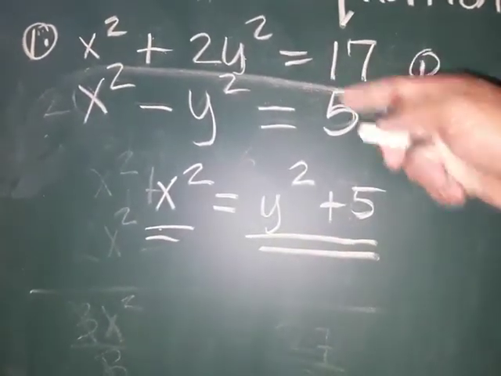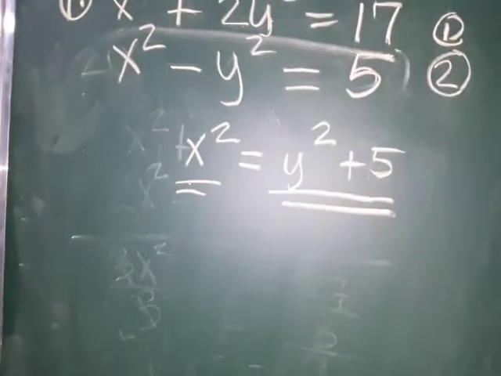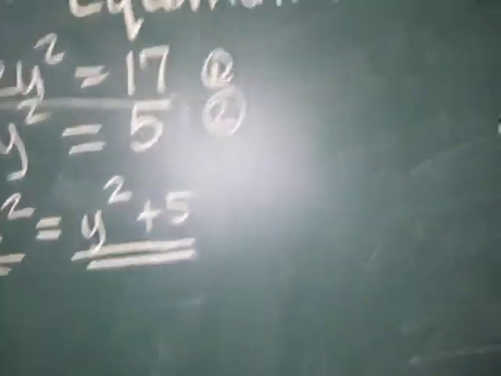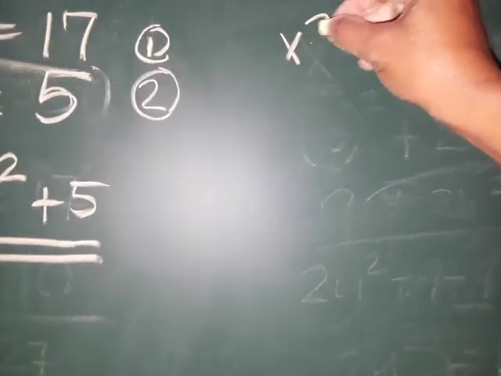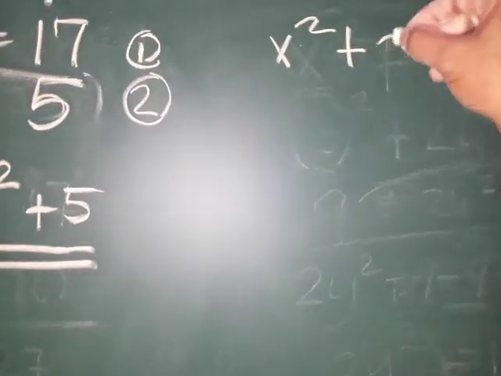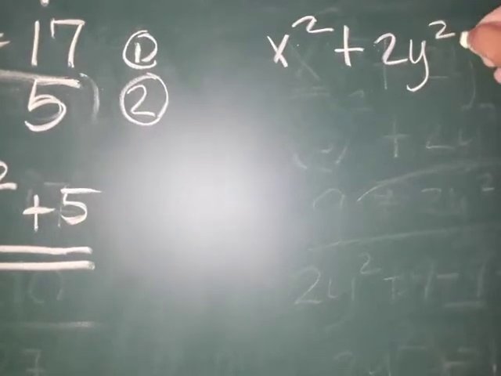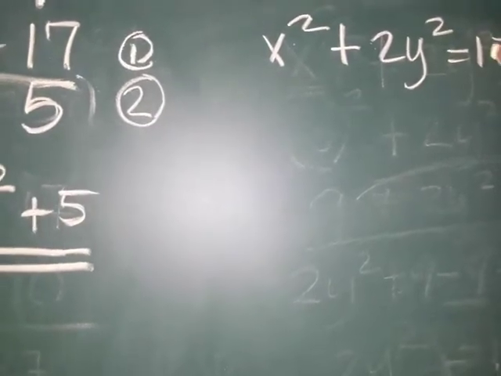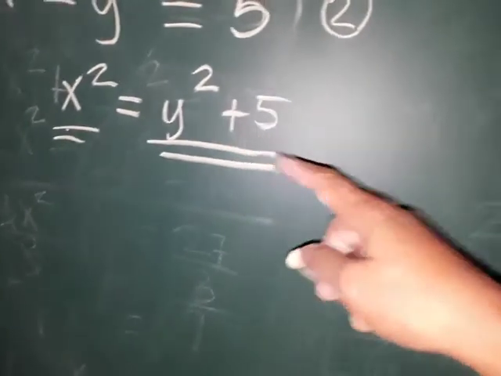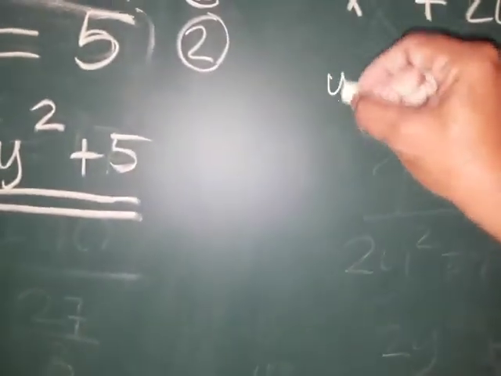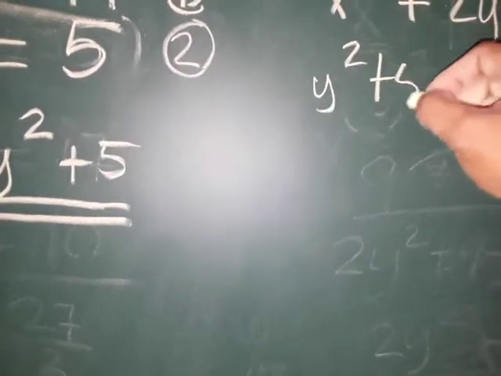So, using equation 1, we have x squared plus 2y squared is equal to 17. Of course, our x squared is y squared plus 5. So, y squared plus 5.